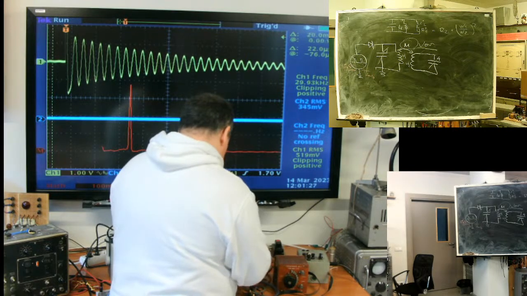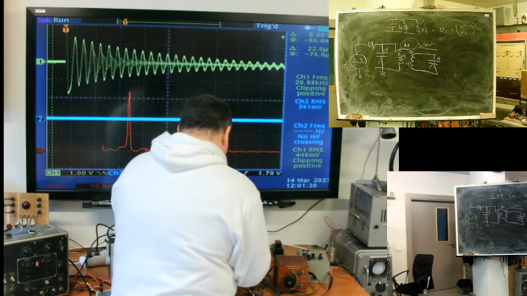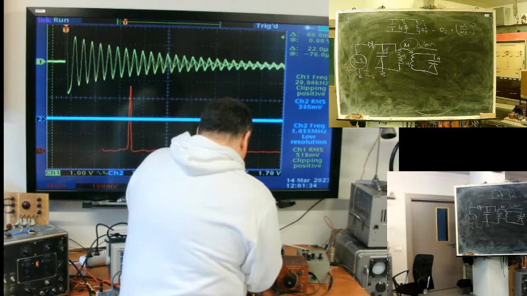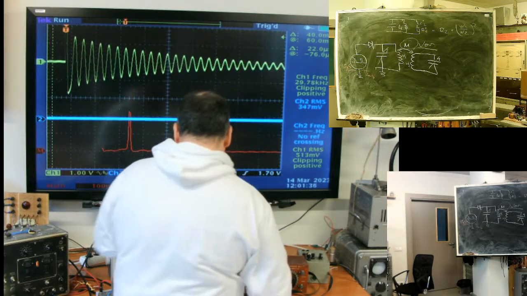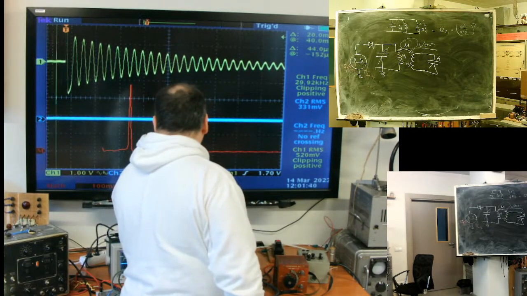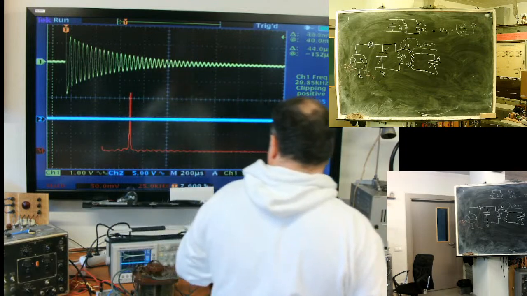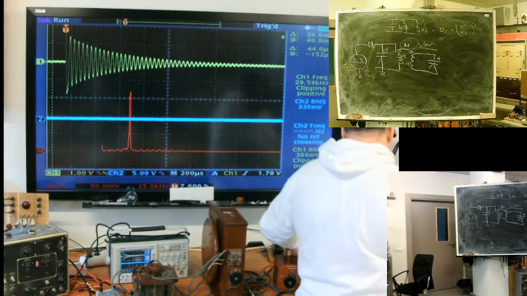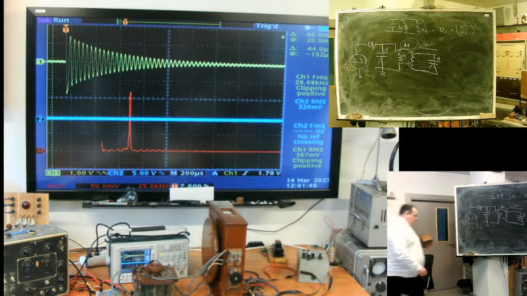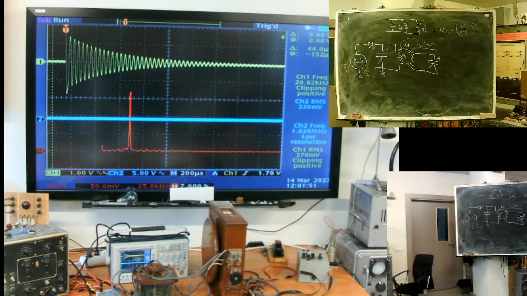And this one goes here. It's a primary part. Here is nice decaying oscillation on the primary part. You can switch this off. One second, I need another condenser. More condensers here.